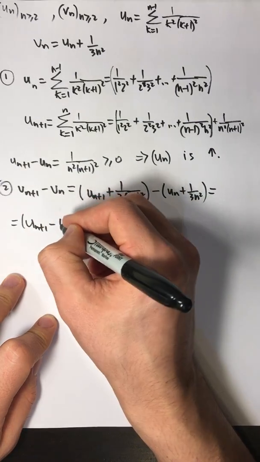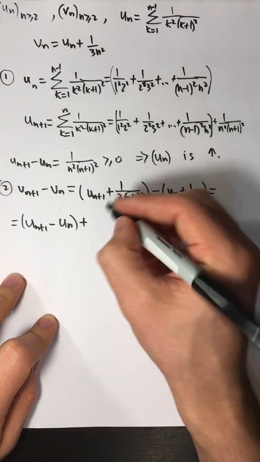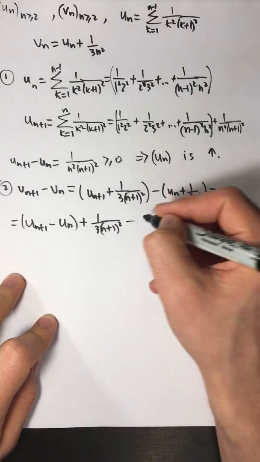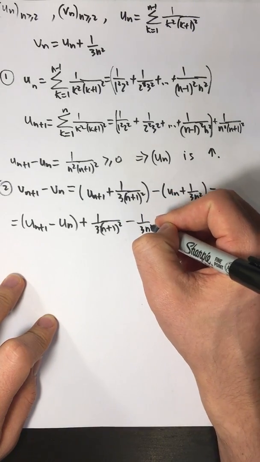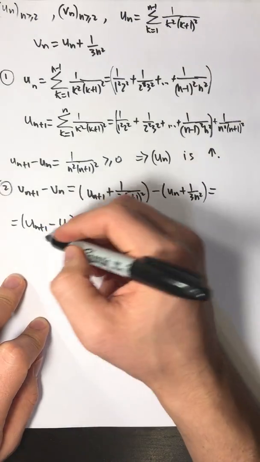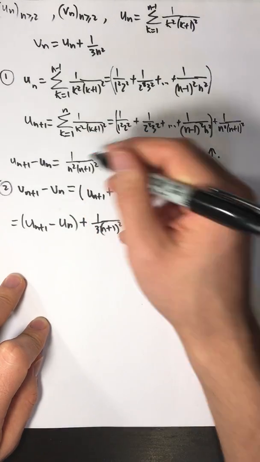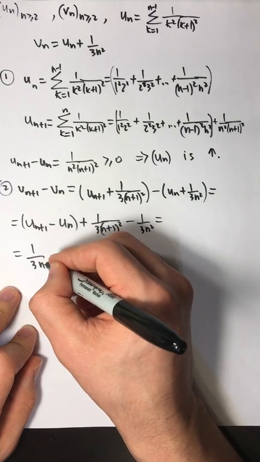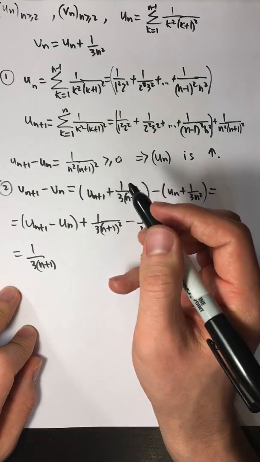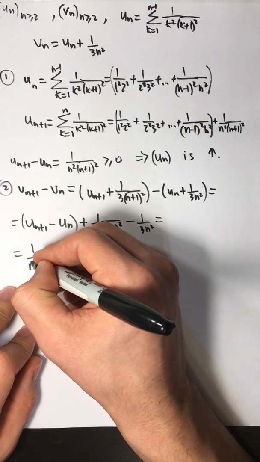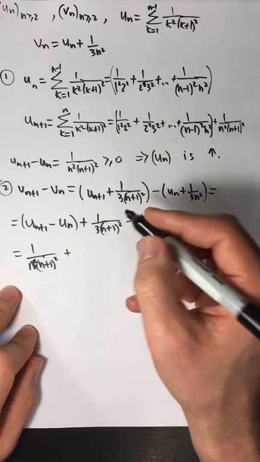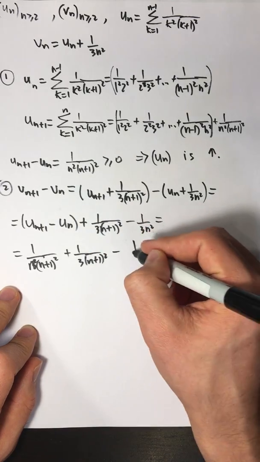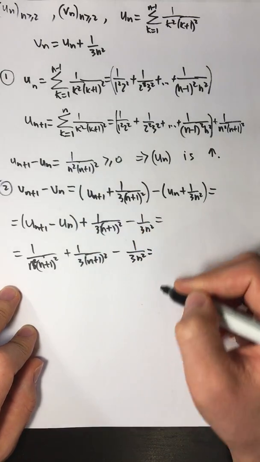Un plus 1 minus Un plus 1 over 3 n plus 1 square minus 1 over 3n square. Okay, and now this is equal to this one we calculated already, so 1 over n square, n plus 1 square plus 1 over 3 n plus 1 square minus 1 over 3n square.